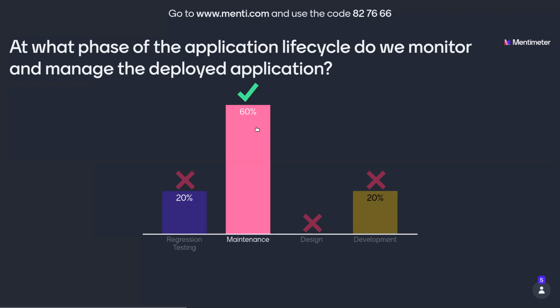It is a level of testing. Maintenance, that's correct. Glad no one said design. Development: remember, in development we're creating the system. So there's no deployed application to monitor and manage at the development phase, because it hasn't been created yet.